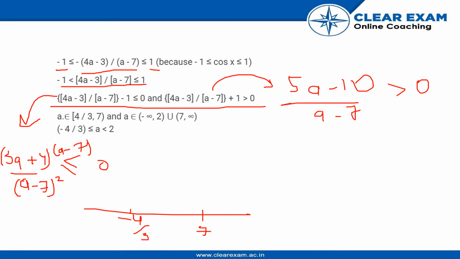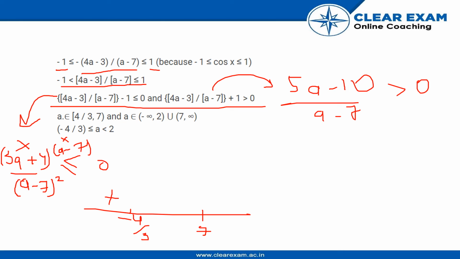We see that if we put any value behind minus 4 by 3, we get this term to be negative and this term to be negative. So the overall answer comes out positive, and we want this to be less than 0. We can't take that. We take the next interval, between minus 4 by 3 and 7.